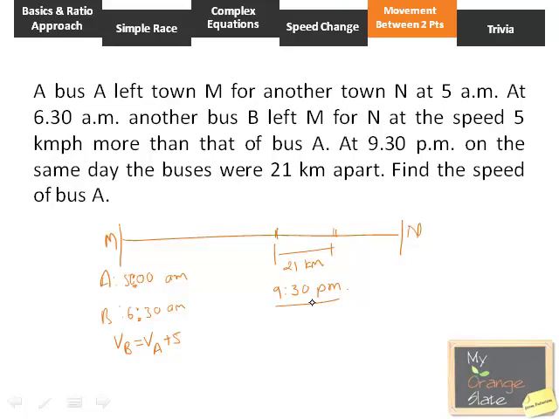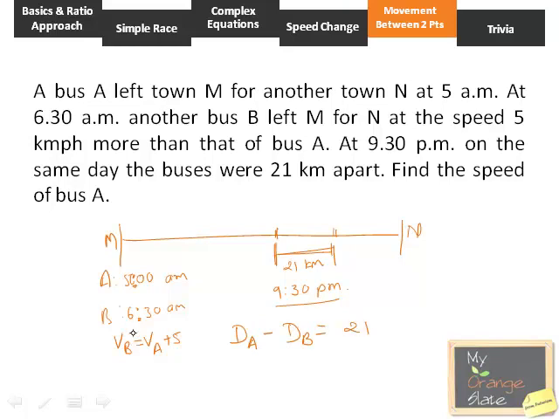Thus we need to make an equation. We cannot express this question in the ratio form. When we have to make an equation, often the absolute difference or summation can give us a start. Here the difference in the distance traveled by the two buses is 21 kilometers. So we can make an equation for distance, that is dA minus dB is equal to 21.